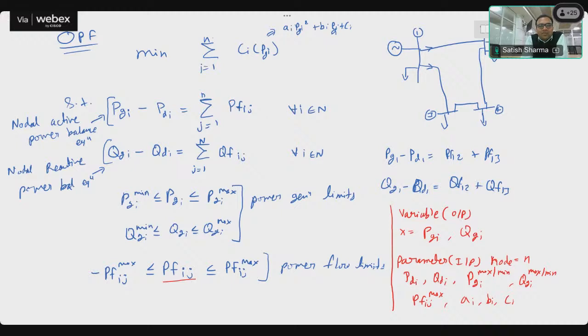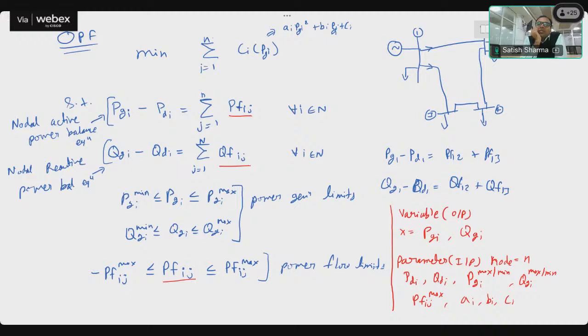So the thing is, some quantities are known, some quantities are unknown, and if I check, only pfij and qfij is left to be designated either as a variable or parameter, and everything else has been accounted for. I think all the syntax we have used here.